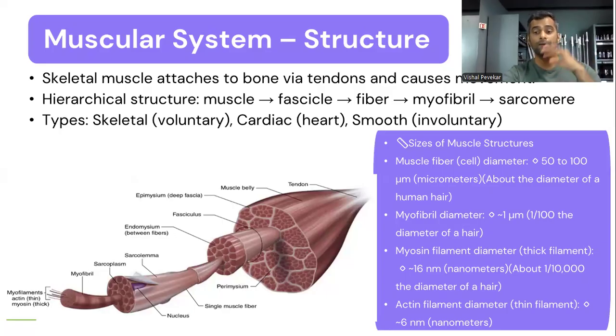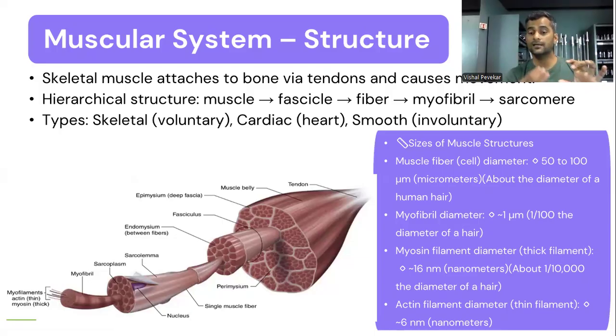But if you compare it with the muscle fiber, the muscle fiber will have myofibrils, your myofibril will have myofilaments, and your myofilament will be of two types. One is myosin, which is the thick filament, and one is actin, which is the thin filament, right? By structural hierarchy, actin is the smallest, and myosin is slightly bigger than actin.